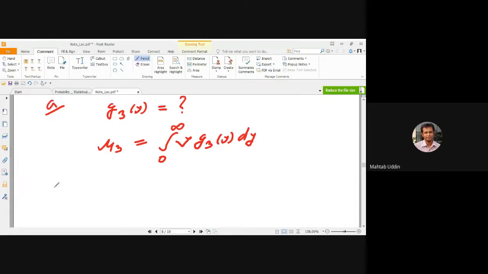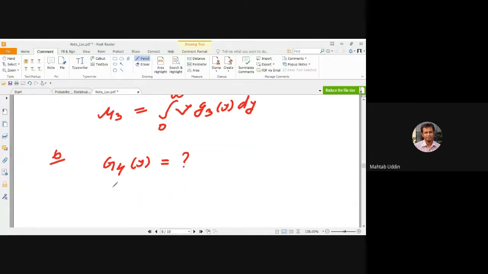Then part b is simple. They said the probability that the 4th value is less than 5. So first you have to find g4(y). Then put y equal to 5 here after getting this.